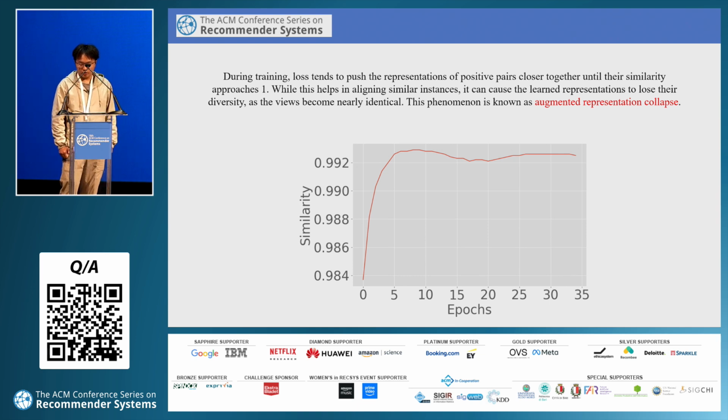However, during training, the loss function tends to push the representations of positive pairs closer together until their similarity approaches 1. While this helps in aligning the different views and learning the common characteristics, it can cause the learned representations to lose their diversity as the views become nearly identical for the same users or items. This phenomenon is known as representation collapse.